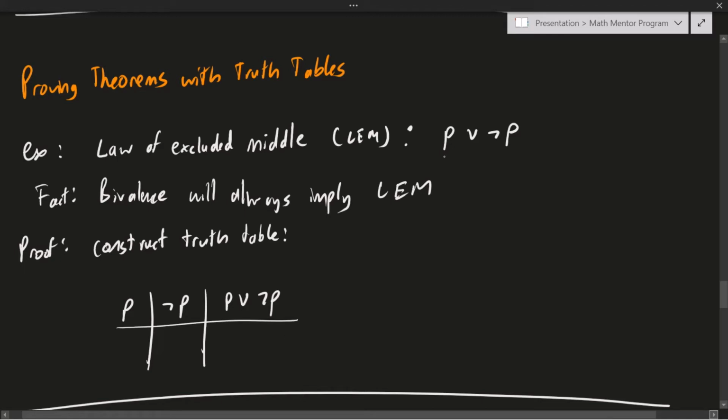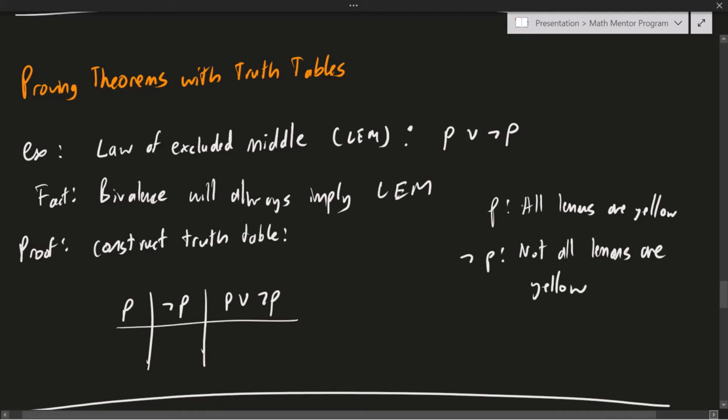So for example, let P be the statement, all lemons are yellow, right? Then what is not P? Well, it's just the negation of that. Not all lemons are yellow. And it is certainly the case that either one of these statements is true or the other one isn't, okay?